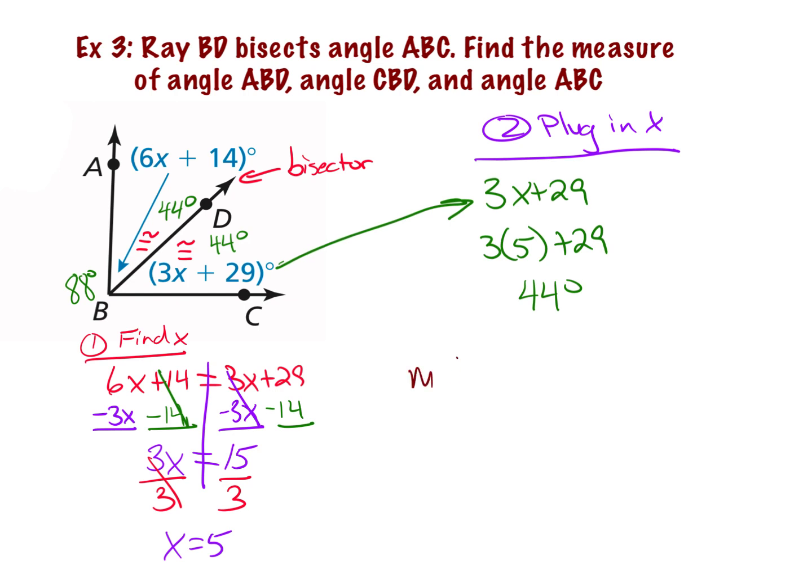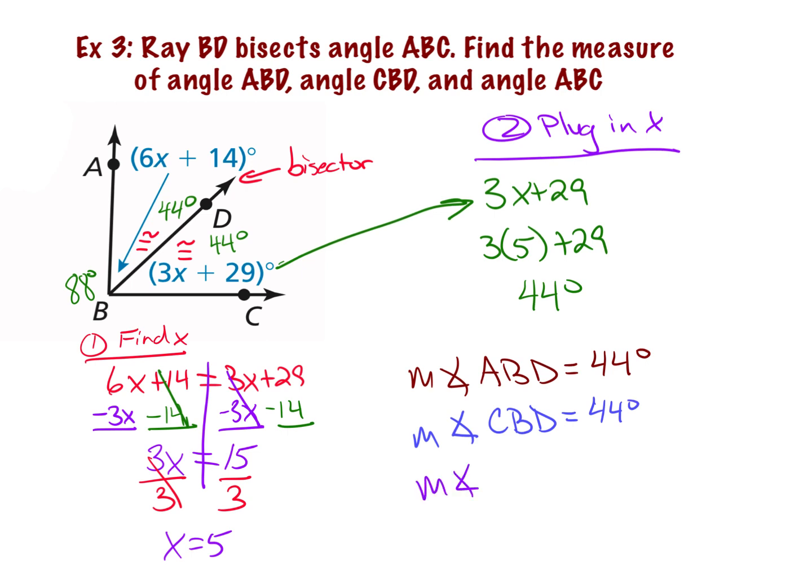So the first one, they wanted measure of angle ABD. Somebody raise your hand. What's measure of angle ABD? Brady? 44. All right, somebody else. The measure of angle CBD. Mandy? 44.